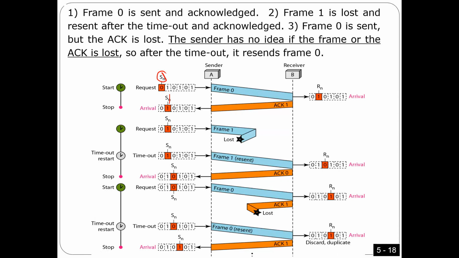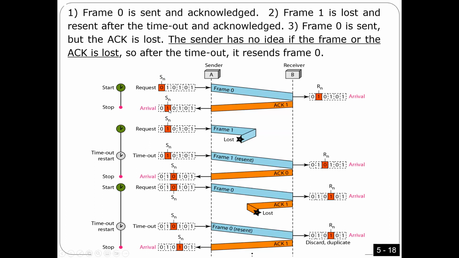Anyway, in the coming algorithms, as you will see in the coming techniques, the size of the window is going to be more than 1 frame, and you will understand why. But again, as you see here, once I transmit 0 and receive the acknowledgement for 0, I'm going to transmit 1.